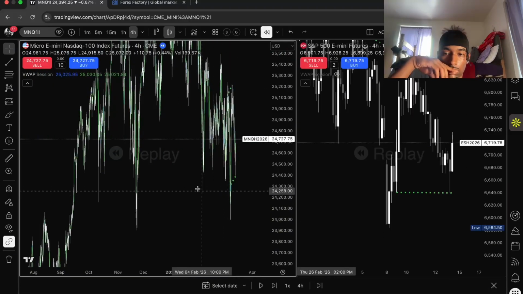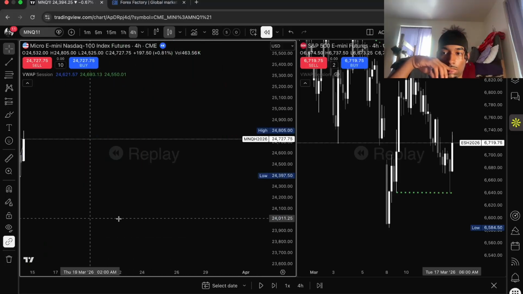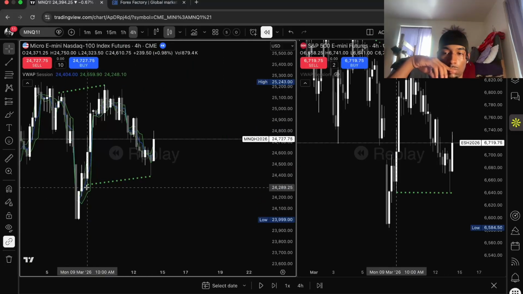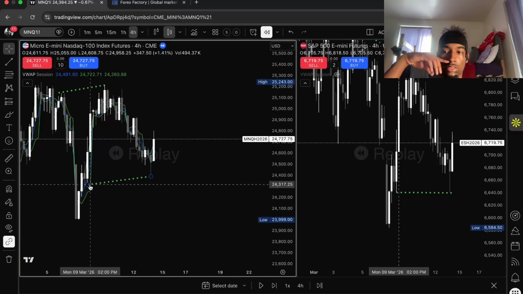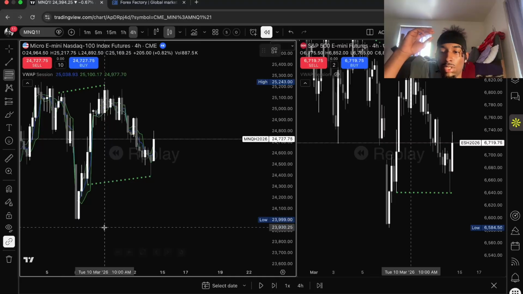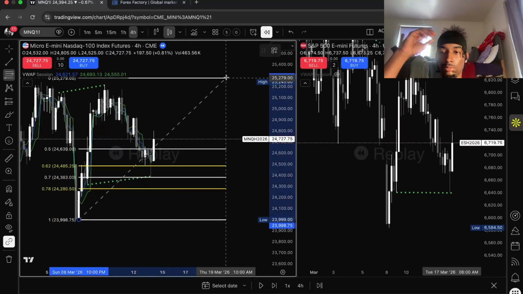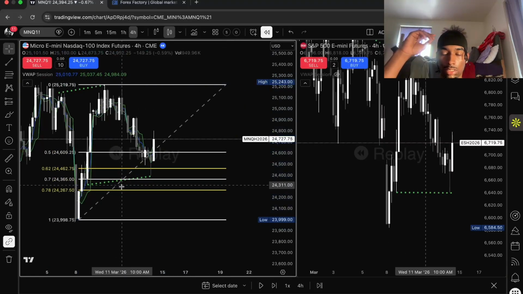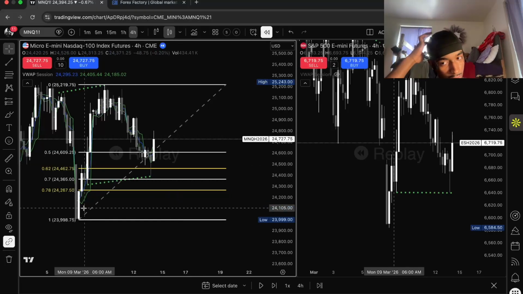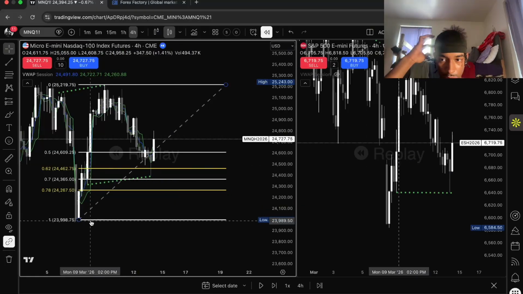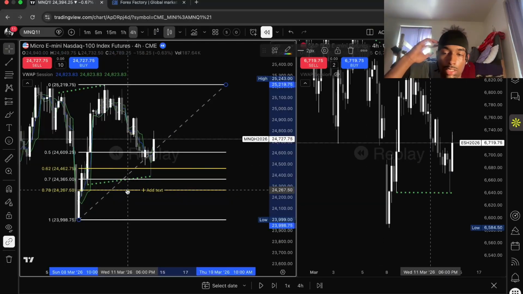On Friday, we didn't take a main draw of liquidity like a swing low. We just rebalanced an internal low right here, tapped into OTE, and got respect off of that. But we didn't really take a major low or anything like that.